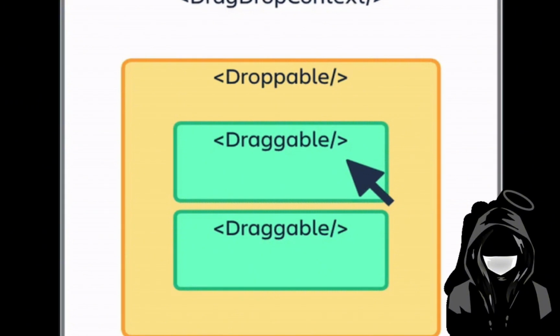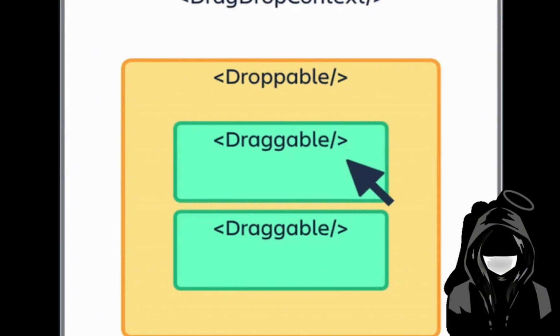Alright, so the DragDropContext is a higher order component provided by react-beautiful-dnd that wraps the entire application or a specific part of it. So it enables the drag and drop functionality within your React application. You typically wrap your top level components or relevant container components with the DragDropContext. The component provides the necessary context and event handlers for managing drag and drop interactions across your application.